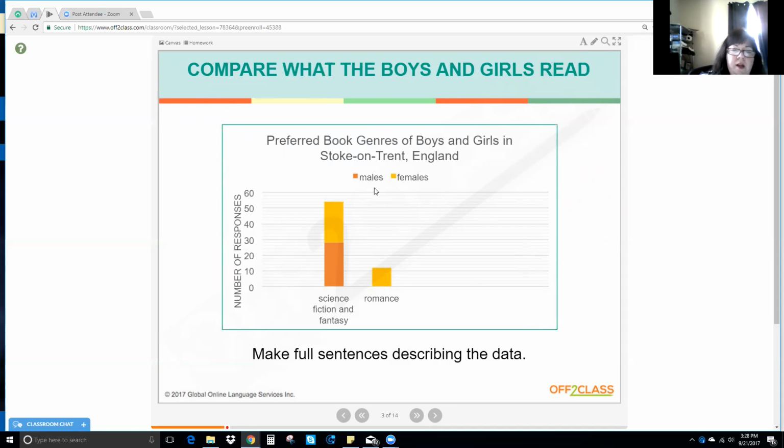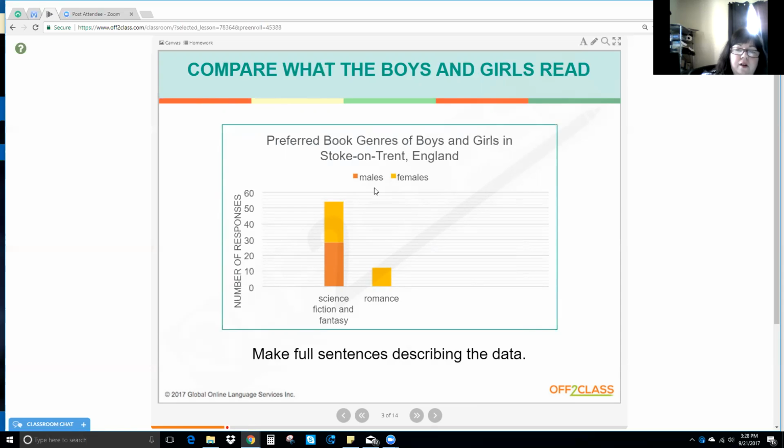And then for science fiction and fantasy, this was the most popular with the boys, so about 29, 28 chose science fiction and fantasy.